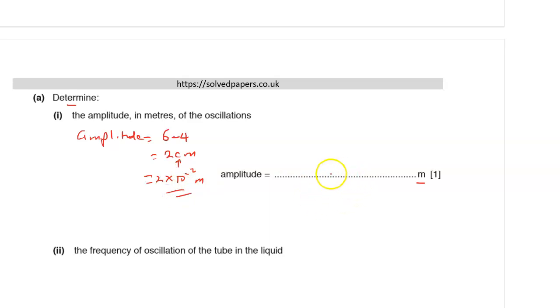So this will be 2 times 10 raised to power minus 2 meters, or you can just write 0.02 meters. I've said that you can still write 10 raised to power minus 2 meters to still be correct.